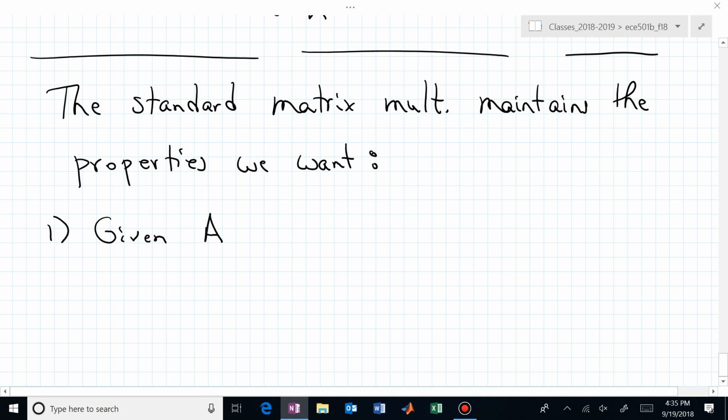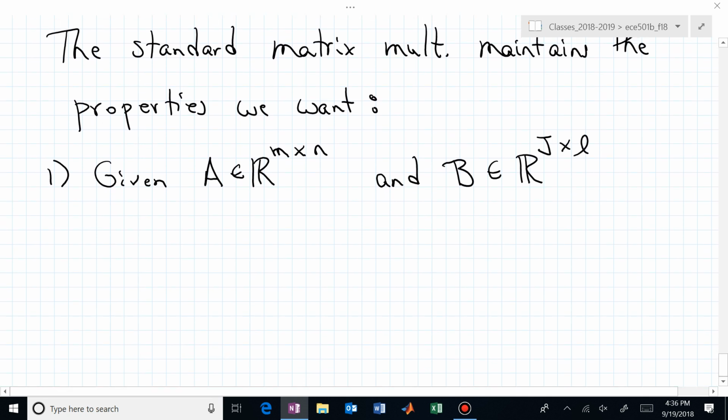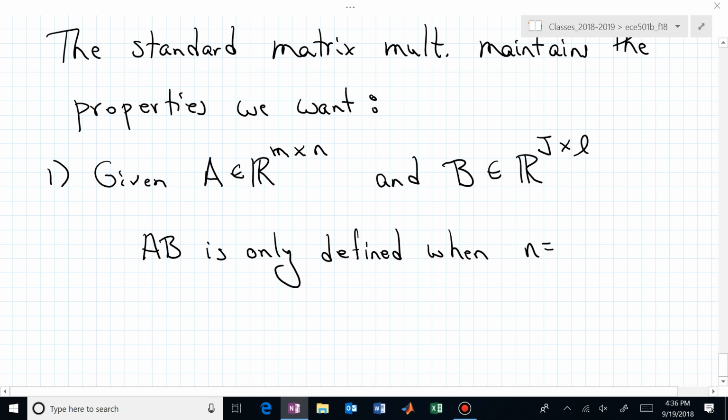If we have an A matrix that is M by N, and a B matrix that is, and I can't make a J very well, so I'm going to make it a capital J so you know what I'm writing, J by L. The product AB is only defined when the number of columns of A equals the number of rows of B. You can't form the matrix product AB unless you have compatibility of the A matrix and the B matrix.